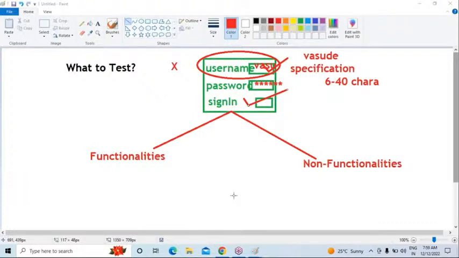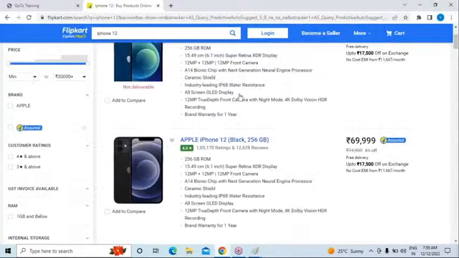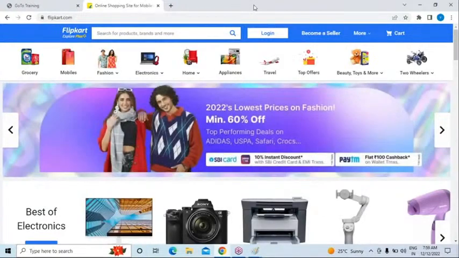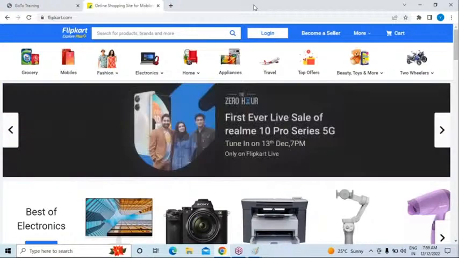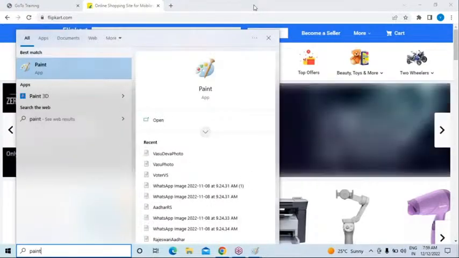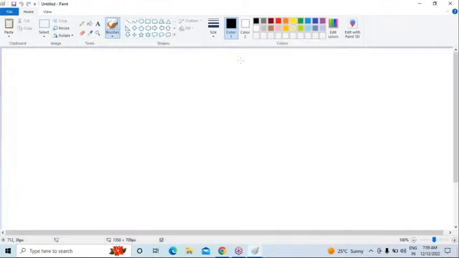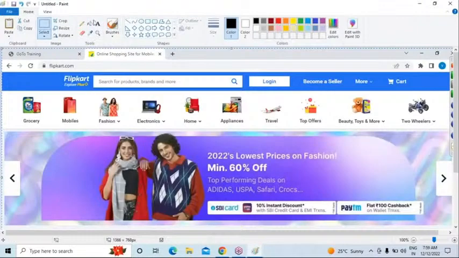So what to test here? For example, we are moving on to Flipkart. What are the things that come under Flipkart? What are the functionalities related to Flipkart? Coming to this Flipkart, the login is one functionality. We need to test whether it is working or not. Become a seller is one functionality. We need to test it. More is one functionality.